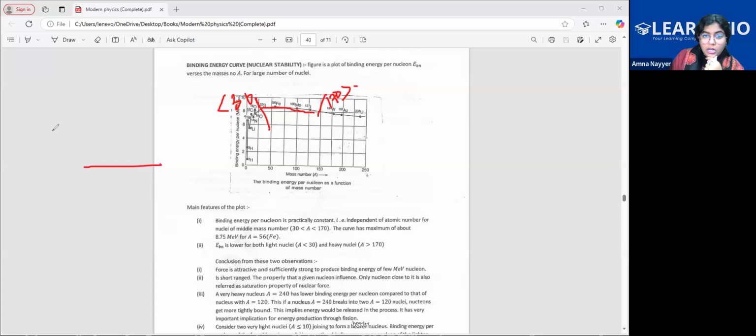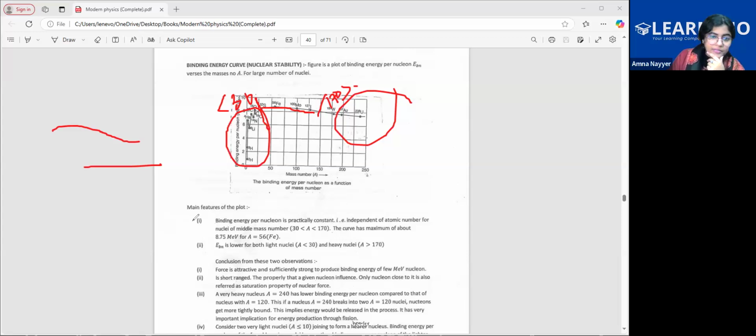Not a perfect constant graph, but a more equivalent graph is obtained. That is the first point you have to remember. Second is that you can see energy is low for this group and this group also.